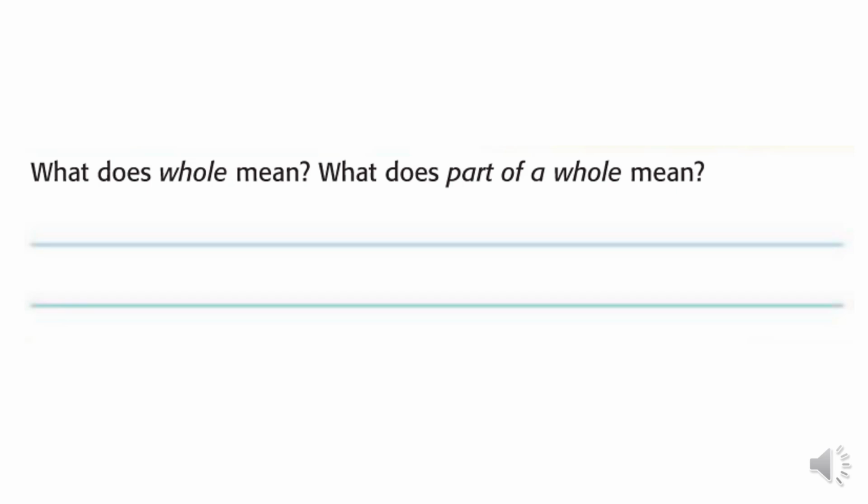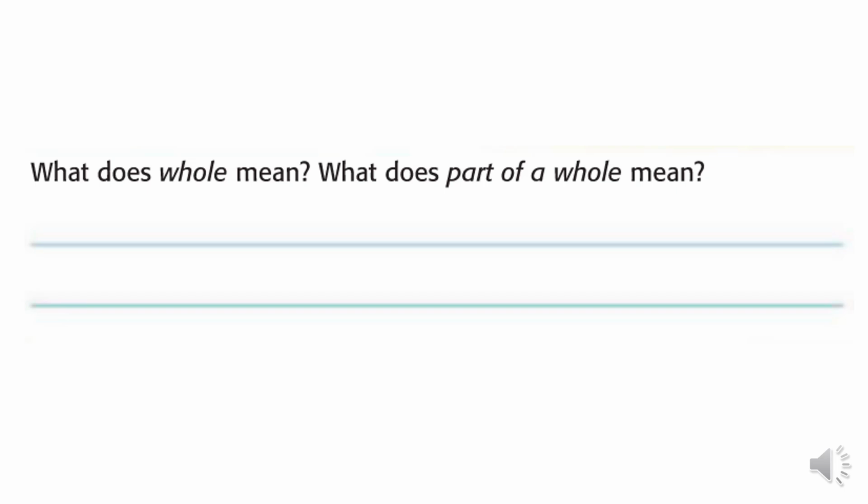Okay, so they're asking you 2 questions in this part. What does whole mean? And what does a part of a whole mean? Whole, we already saw that word in one of the lessons of Journeys. I don't remember which one, but we saw it. So for you to remember the meaning of this word, I'm going to tell you.